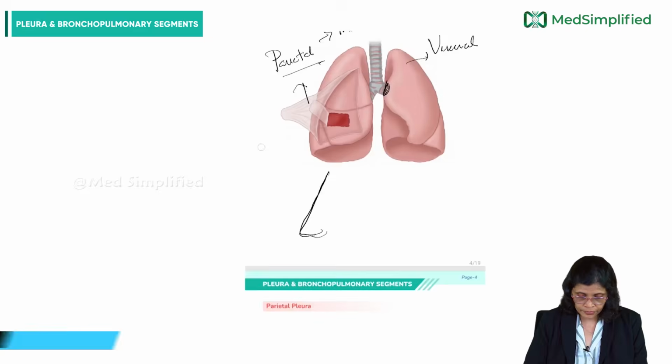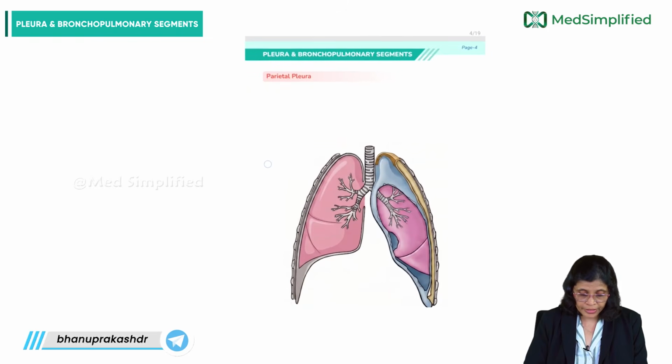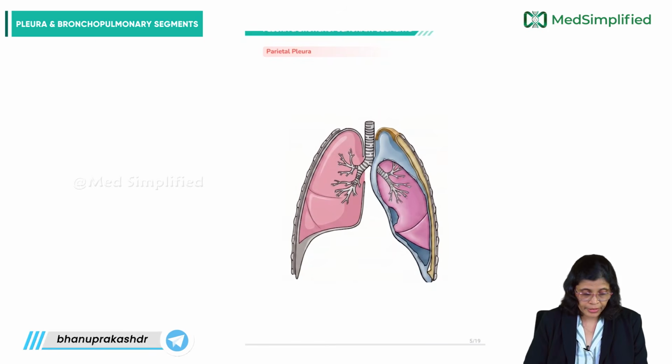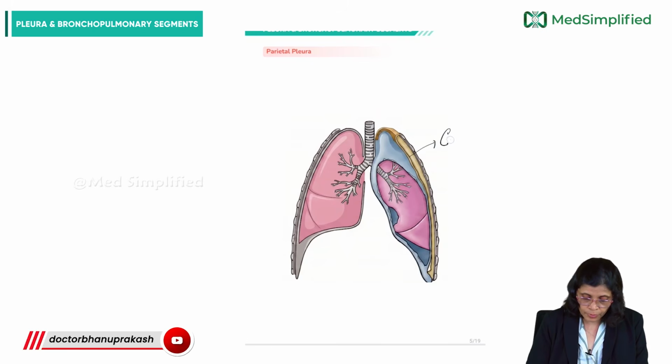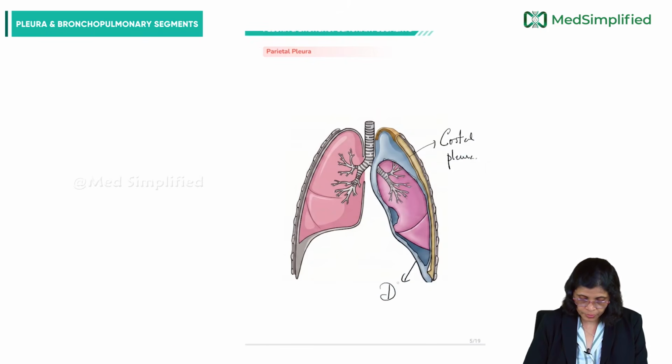Now, for description purposes, we divide this pulmonary pleura into four parts. Along the ribs, the part which is covering the inner surface of the ribs, we call the costal pleura. Then we have the diaphragmatic pleura, which covers the superior surface of the diaphragm.